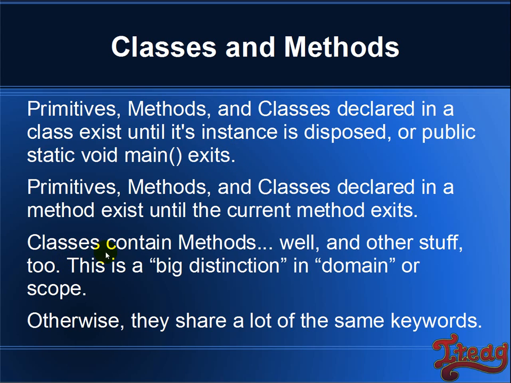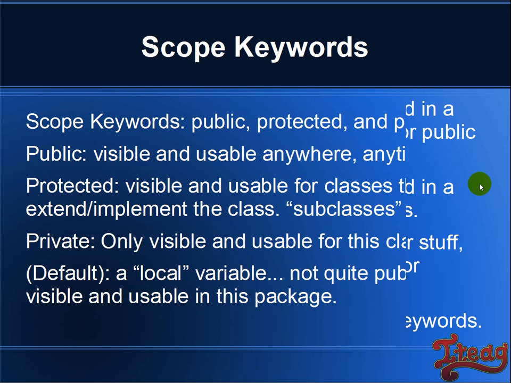So classes contain methods. Well, other stuff too. This is the biggest distinction in domain or scope, and getting the proper domain and scope is a pretty big important thing, because if you don't get that right, it just leads to confuzzlement. Otherwise, they share a lot of the same keywords.